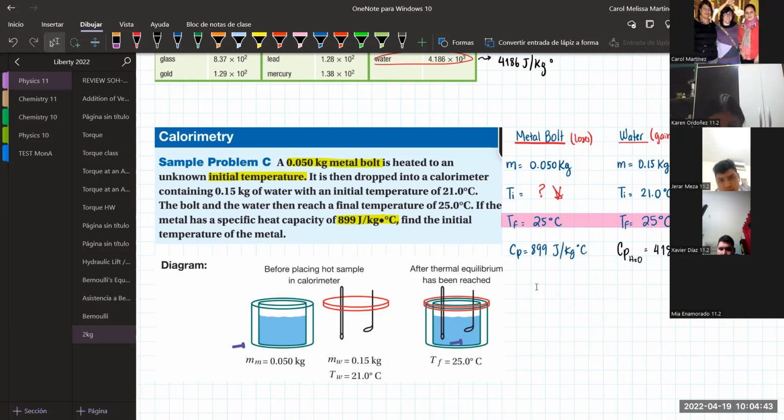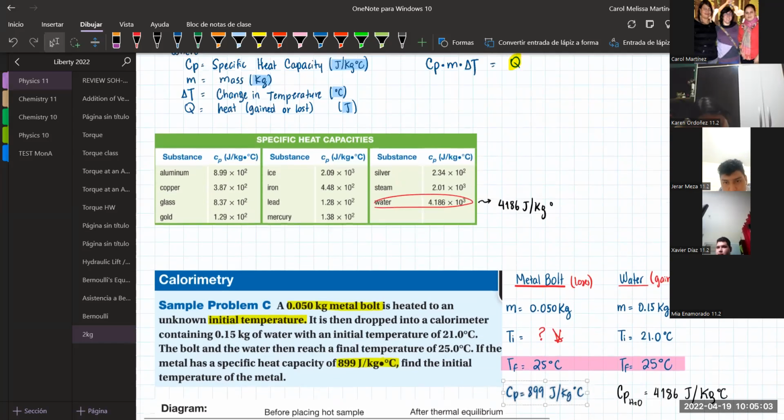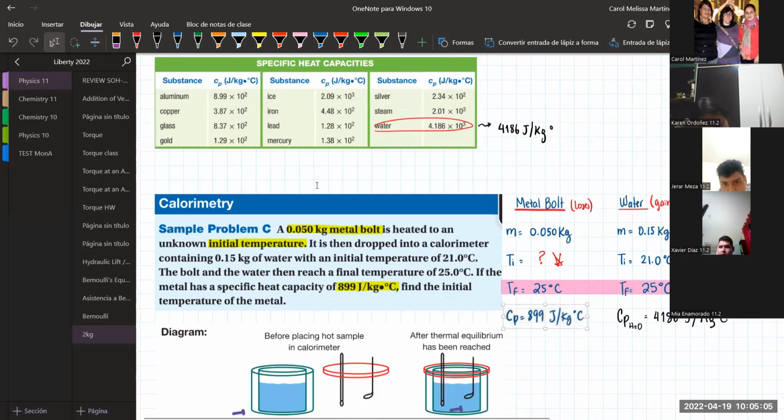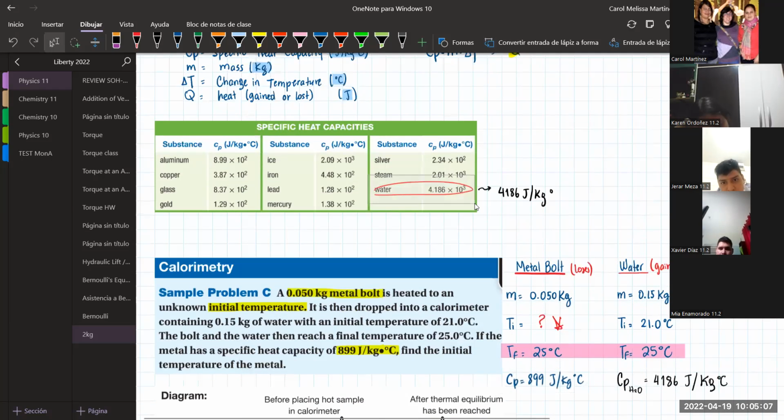So if the metal has a specific heat capacity of 899 joules over kilogram Celsius, find the initial temperature of the metal. I need to find Ti of the metal bolt. They are giving me Cp of the metal, but they're not giving me the specific heat capacity of water. So I see the table and I get the information about water here.